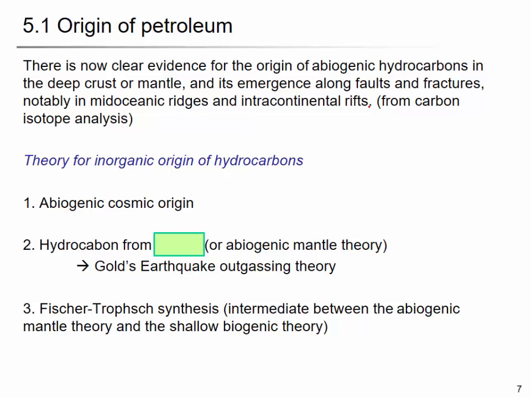The bacteria prefer to eat up the light carbon, so if the carbon is biogenic, the C13 will be less than in thermogenic carbon. From that analysis, we can identify whether it's thermogenic or biogenic. And people found that in mid-ocean ridges and intracontinental rifts there are some abiogenic hydrocarbons.